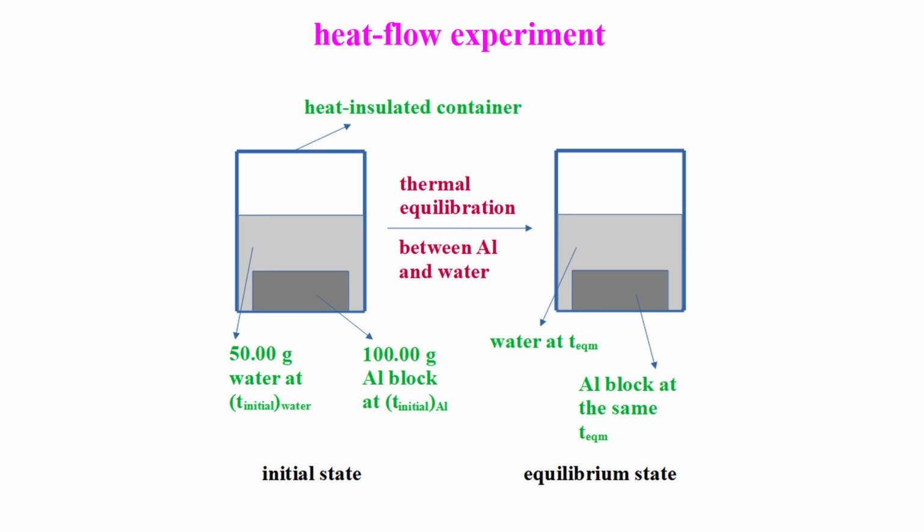Heat spontaneously flows from the hot one to the cold one until thermal equilibrium is reached between the two. The final equilibrium temperature is some intermediate value determined by their initial temperatures, masses, and specific heats.